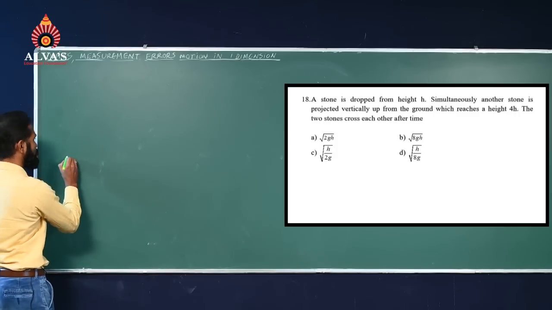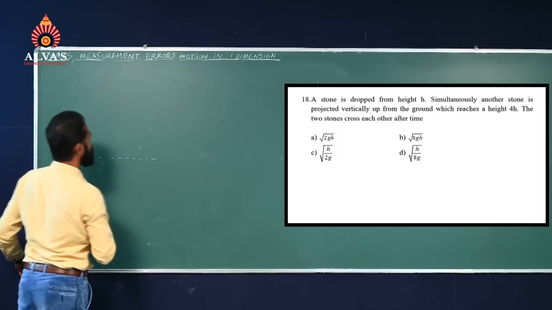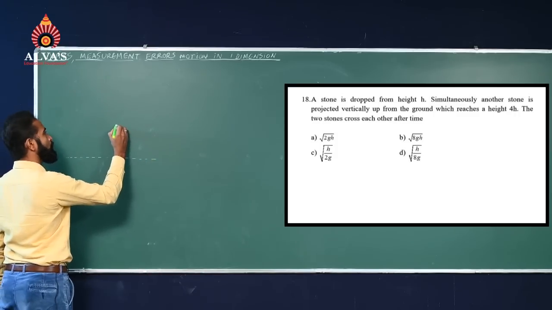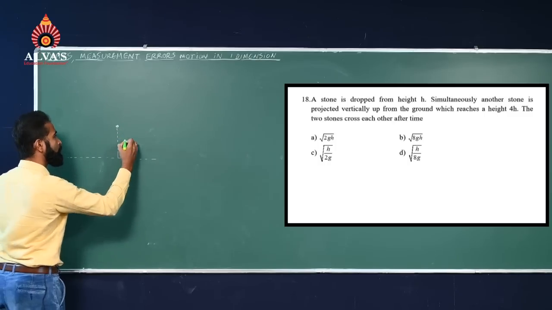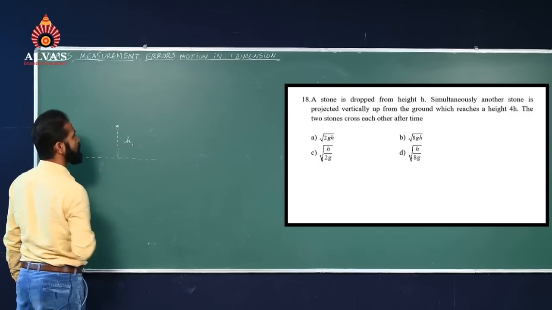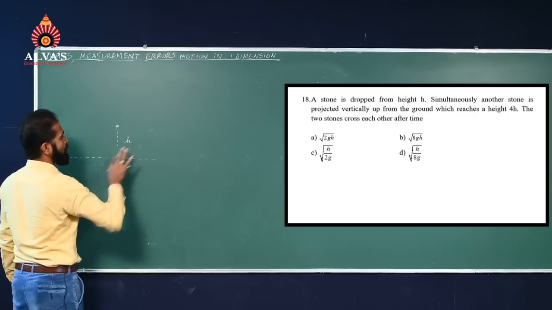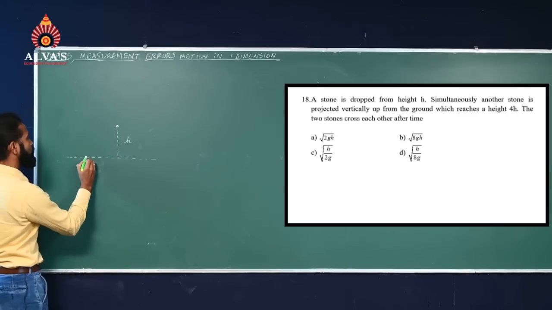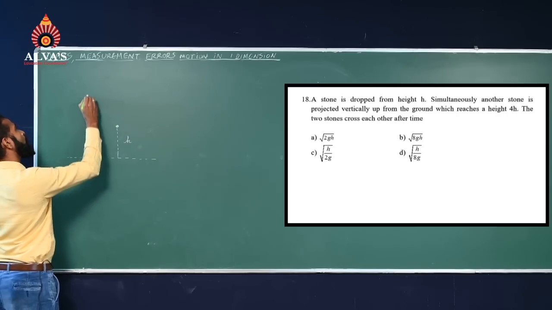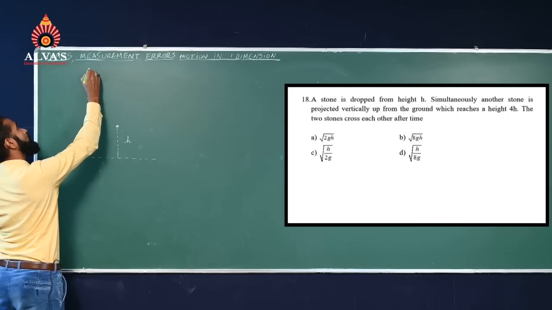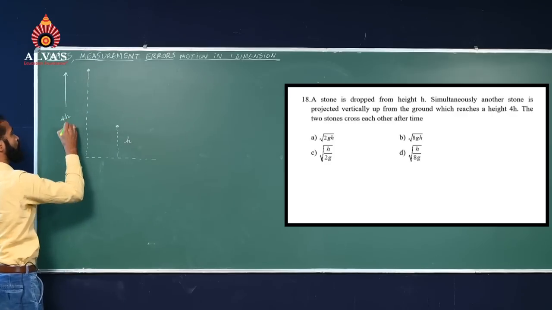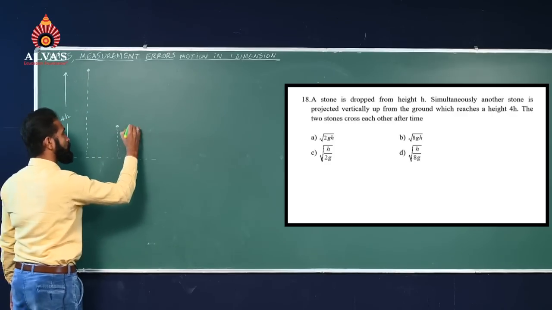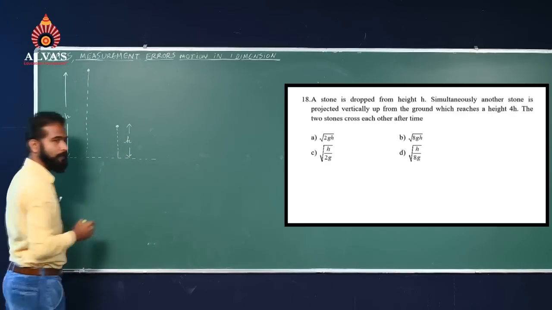So let me take this as the ground, and the first stone is dropped downwards from a total height of h. I will take this height as h. Now the second stone is projected upwards, and it can reach a maximum height of 4h. And the question says that both the motions take place simultaneously.